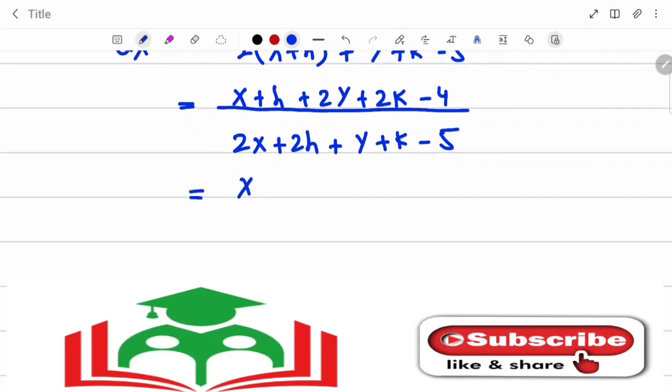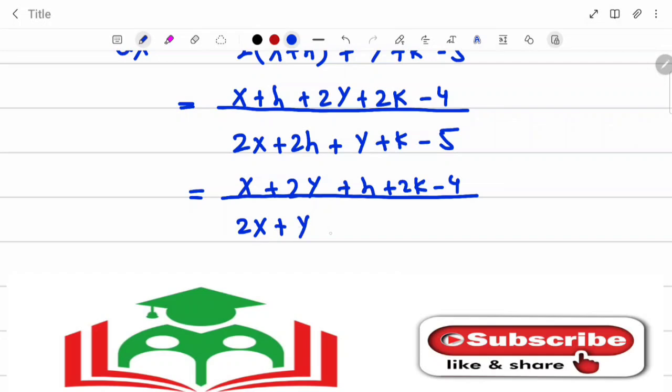So we just separate the X values and the constant values. Hope so, till that point you understand the concept of how we substitute the values.